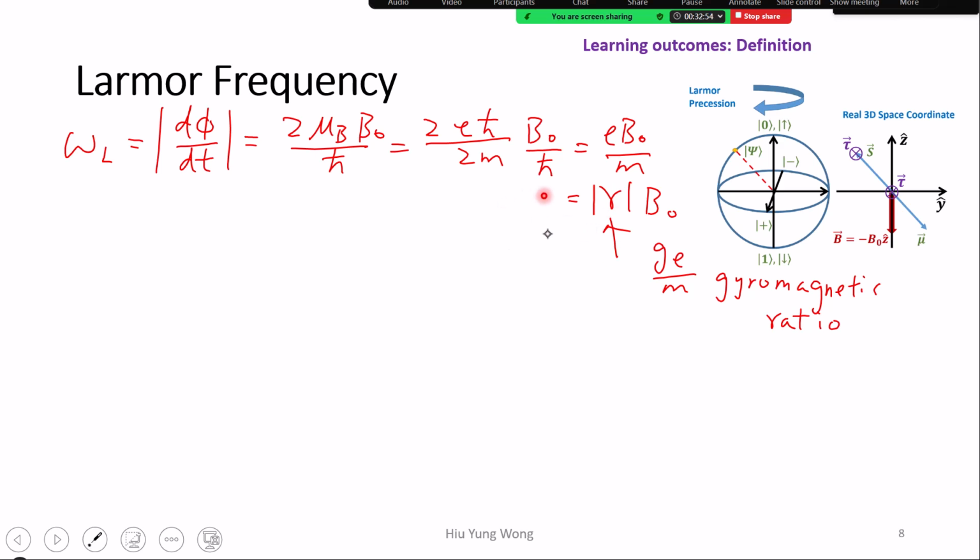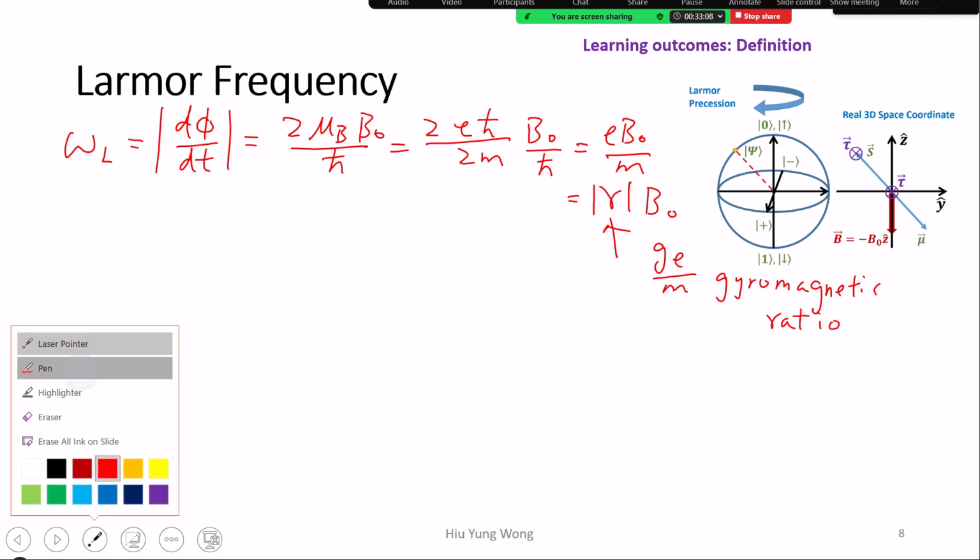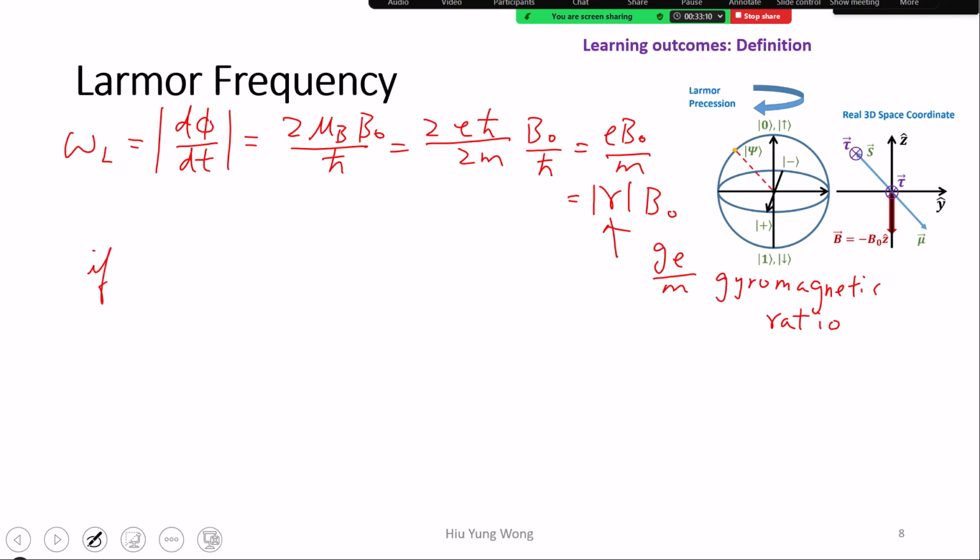But the point is that now you see that it is oscillating with this angular frequency. Remember, this is angular frequency, so 2 pi times f. Okay? So, of course, let me ask you something. If delta phi equals pi, so I turn on the magnetic field for a certain time, then you will precess by pi, right?